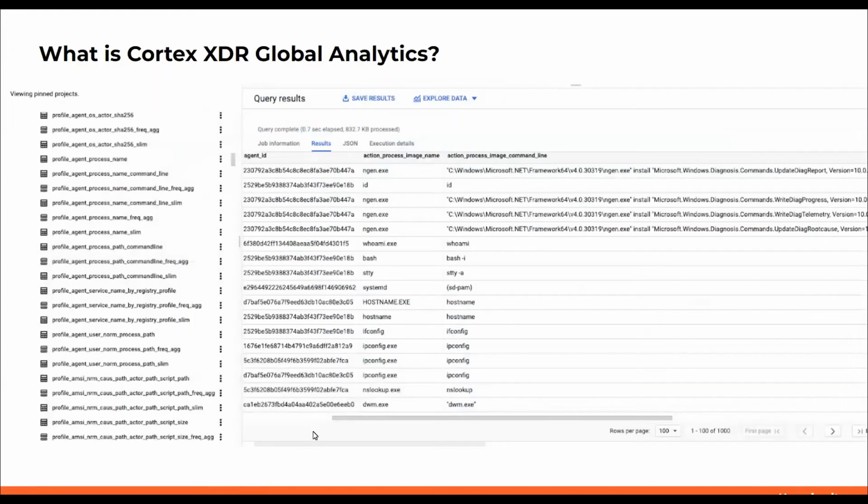So for example, if we take the previous profile that we looked at, in which we learned what command lines were used for each process image name in a certain customer's environment, now we also do it on our entire customer base in a normalized and pseudonymized manner. And we do it for all sorts of events. Let's say we do it for file hashes, for example, and WMI queries that are used, system calls, domains that are accessed, and many more.